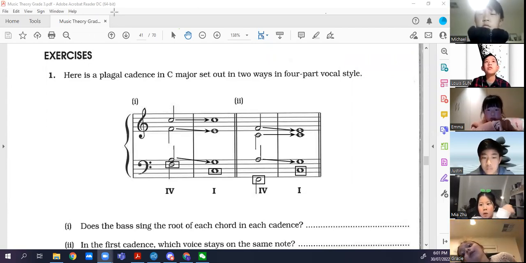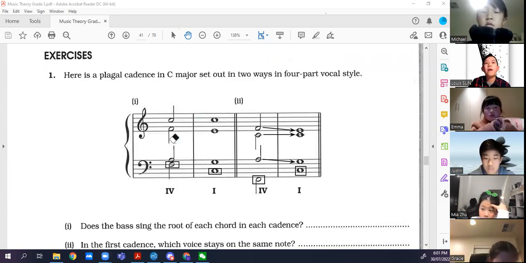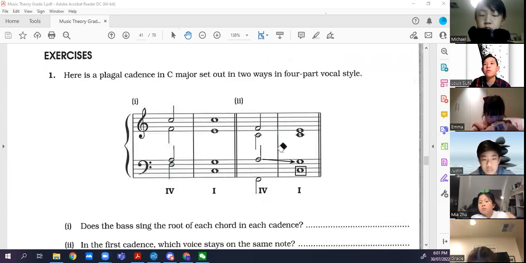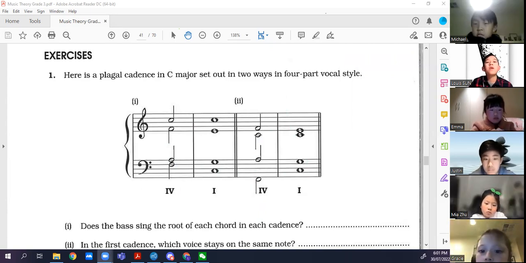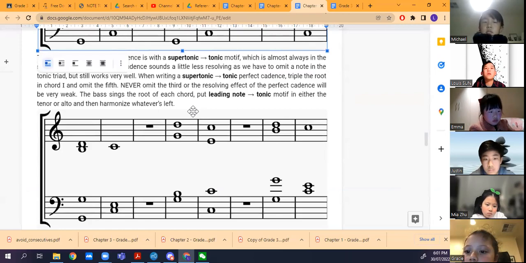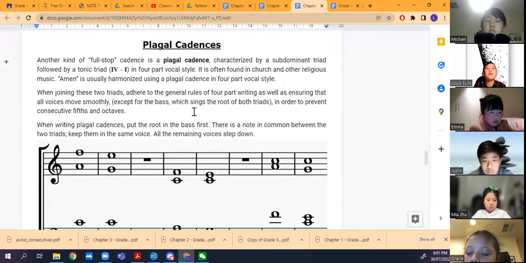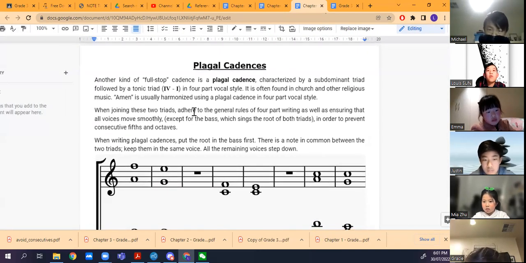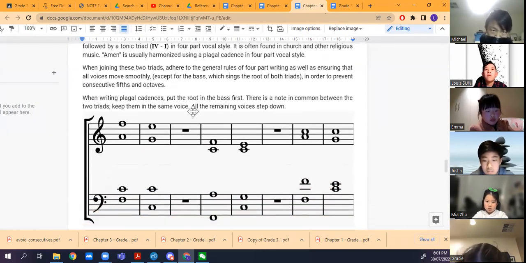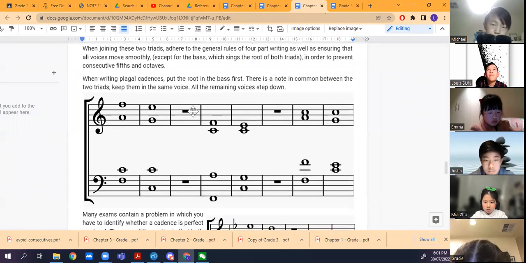I'll go over it once using my reference booklet examples. So, reference booklet, plagal cadences. All voices move smoothly to prevent consecutive fifths and octaves.